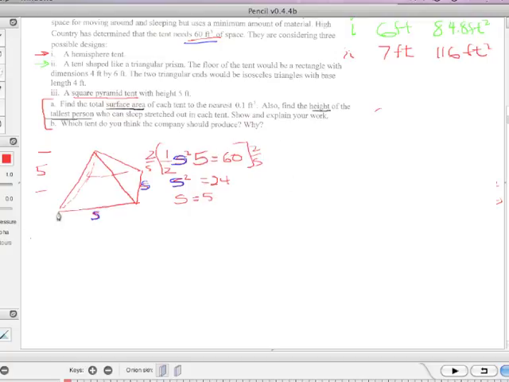And what about the total surface area? Well, we have to get these 4 sides. So I'm going to label this as 5. How are we going to get the surface area?